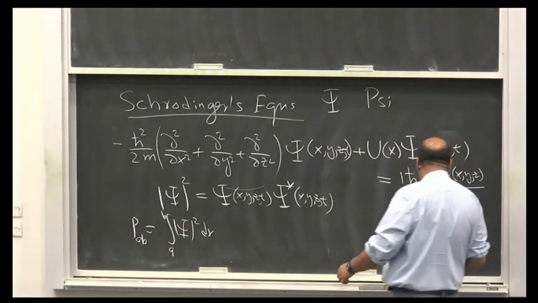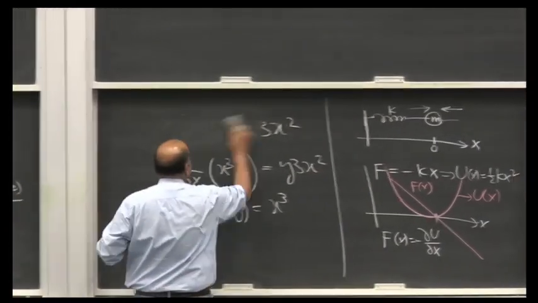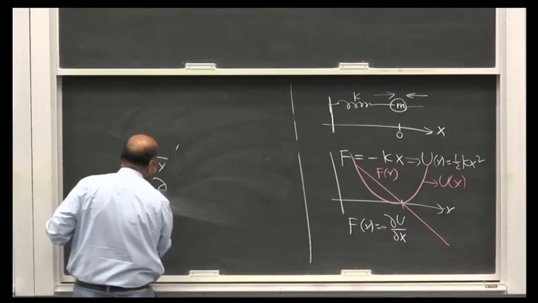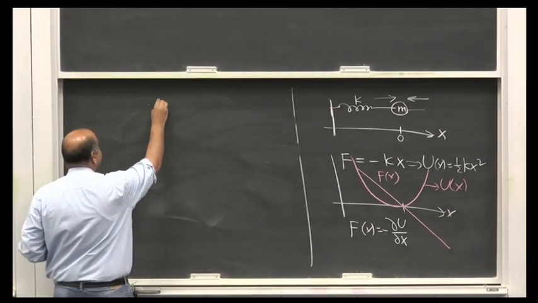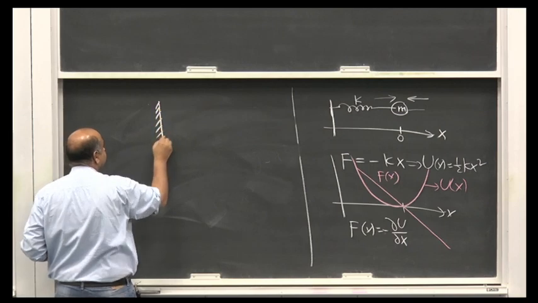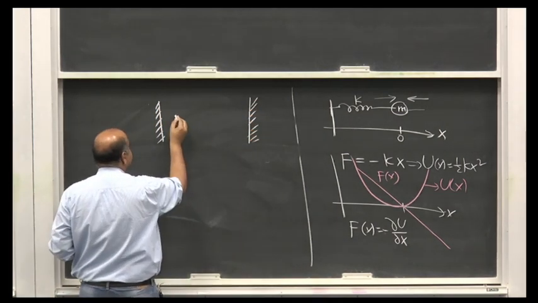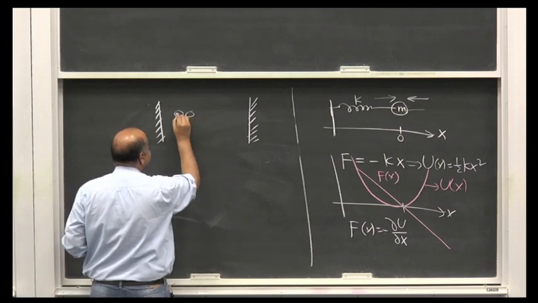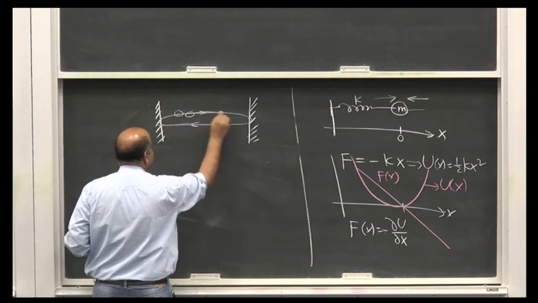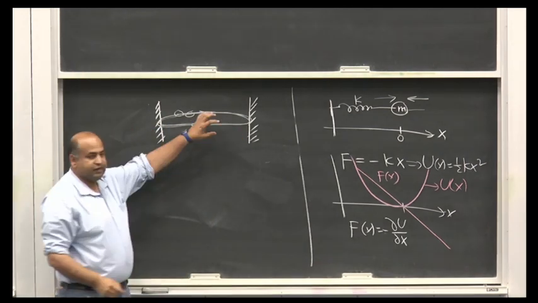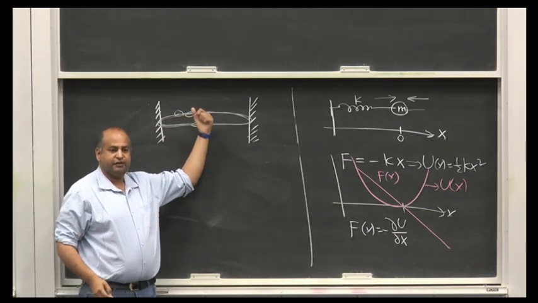Now, let me actually give you a couple more potentials. Suppose we have a situation where we have a mirror here and a mirror here, and there are photons which are bouncing like this. It's light, so you know when light goes to a mirror it gets reflected.